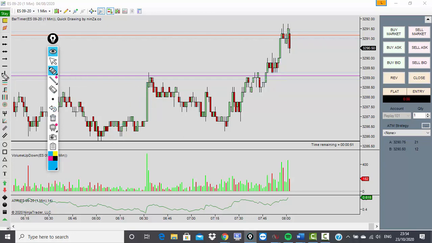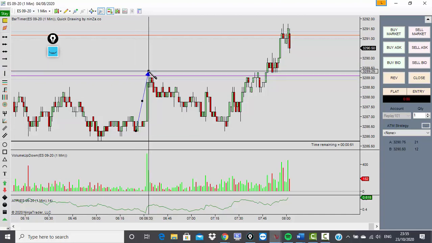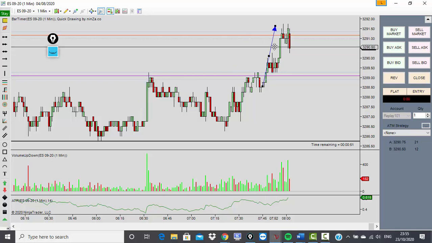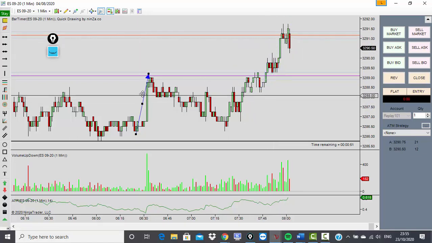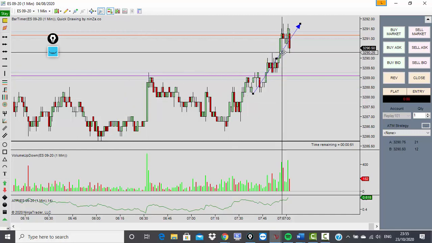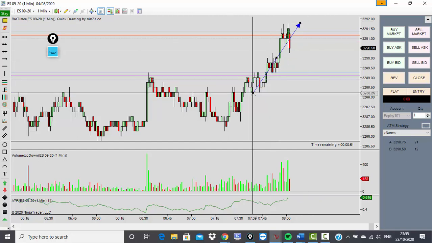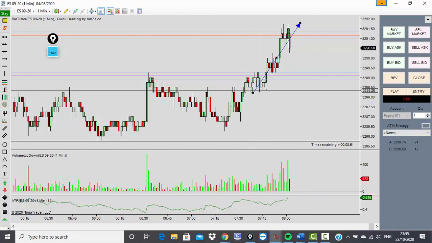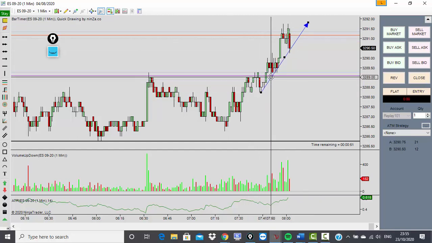So it just becomes recognizing structure. If you also measure, you will probably find that this is a measured move as well. If I go from here to here and I go from the equivalent place, well, you should be going from there if you're going from here. But if we go from the absolute low to the absolute high, you might find that, yeah, just before the breakout, the last low before the breakout, you could do that as well.